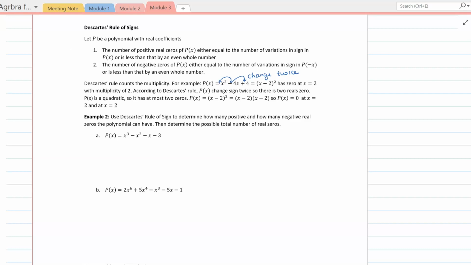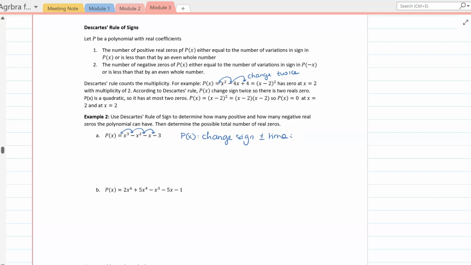So let's check the number of sign changes for P of x. Start with positive, then it goes to negative, then it's still negative, and still negative. So P of x changes sign one time.